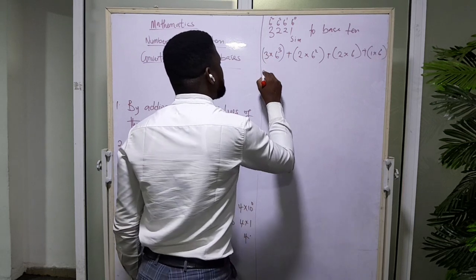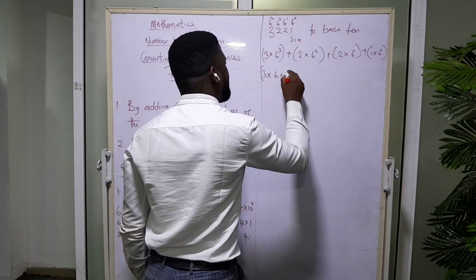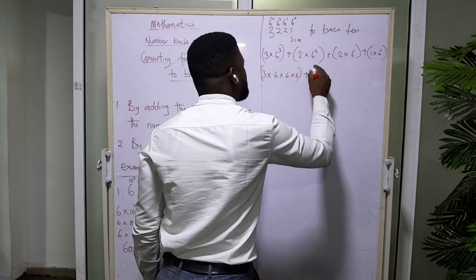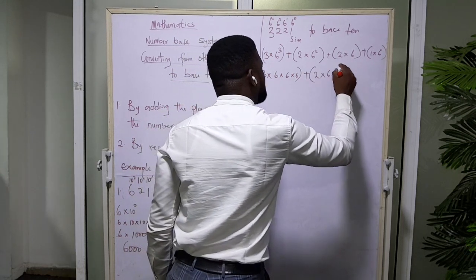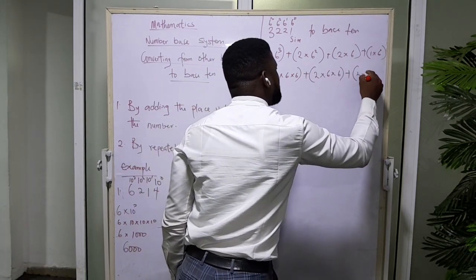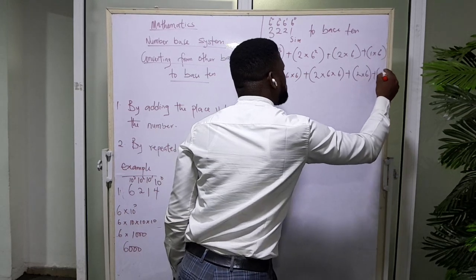This gives us 3 times 6 times 6 times 6 plus 2 times 6 times 6 plus 2 times 6 and of course plus 1 times 1.